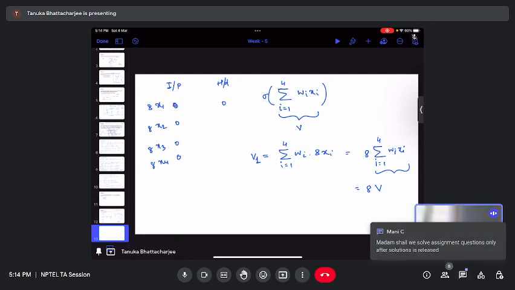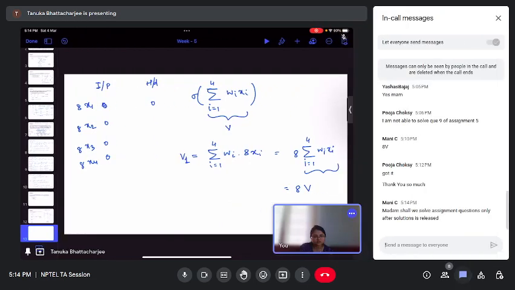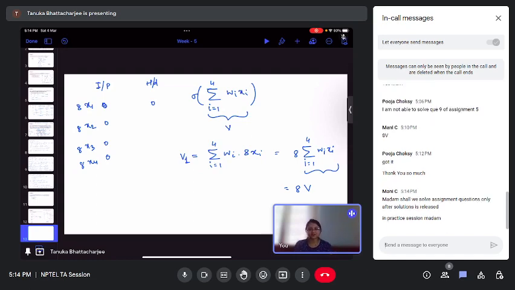And shall we solve assignment questions only after solutions are released? Yes, I will solve only after solutions are released, because assignments are supposed to assess your understanding. So I'll not solve this year's assignment questions before you have done, submitted and got the answers.